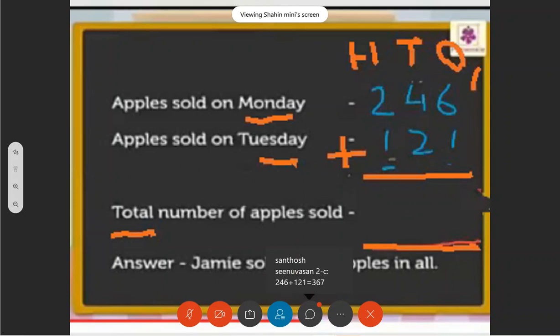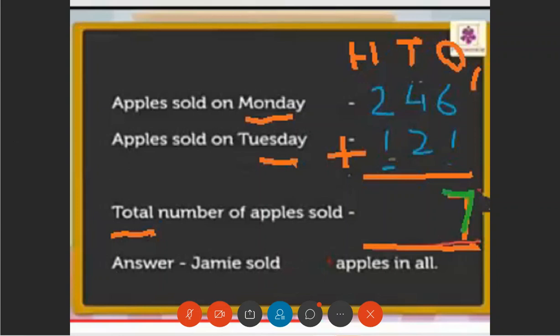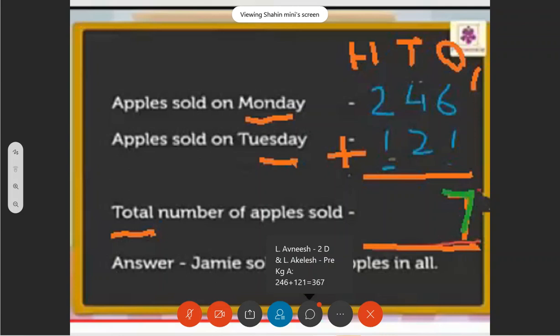Yes, 6 plus 1 is equal to 7. Yes, children, I know you did correctly. 7. 4 plus 2. 4 in the mind, 2 in the fingers. After 4, 5, 6. Yes, very good. 2 plus 1 is equal to 3.